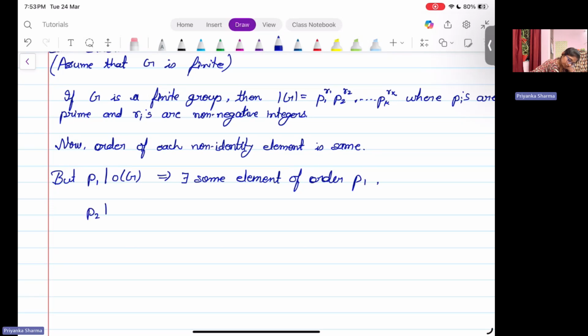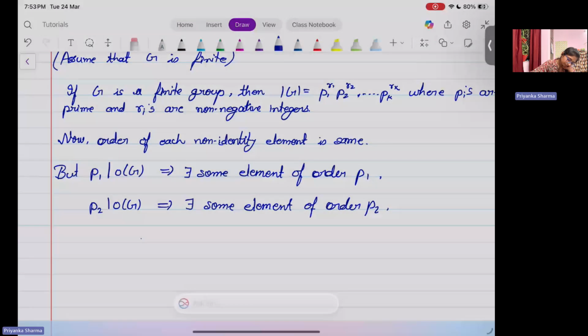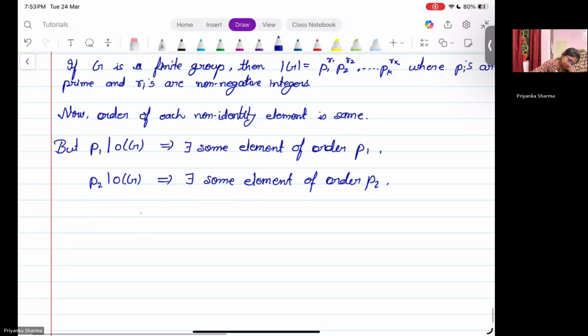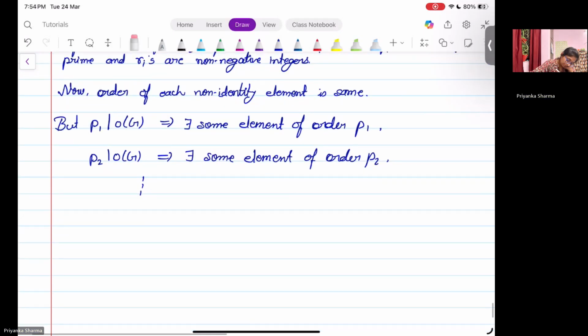Similarly, P2 divides order of G. So we will have some element of order P2 in G and so on. Okay, this will contradict the fact that the order of each non-identity element is the same.